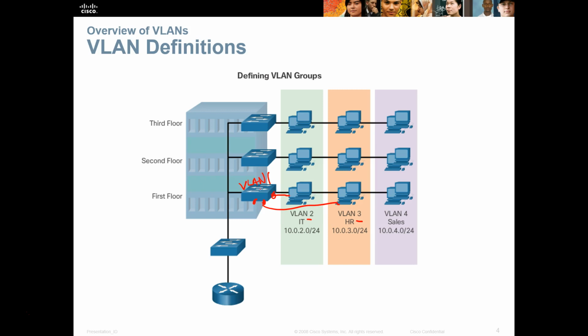Each of these VLANs, if you're on a different VLAN, these two ports cannot communicate directly over the switch. They have to be routed. So to communicate between VLANs requires a router. VLANs are layer 2. They're all layer 2. So if you're on a VLAN, it's all layer 2. If you want to communicate between VLANs, it requires a router.